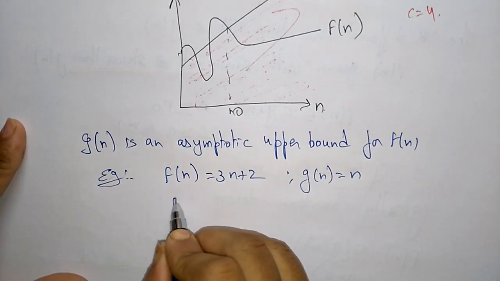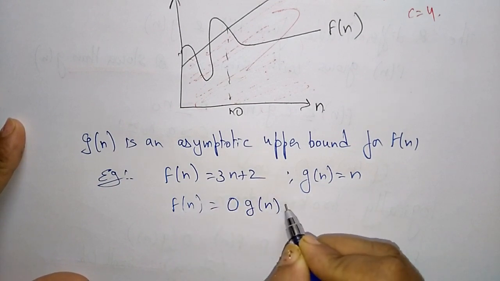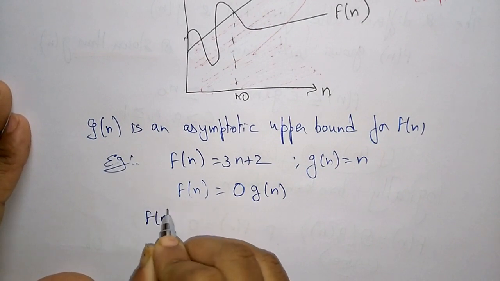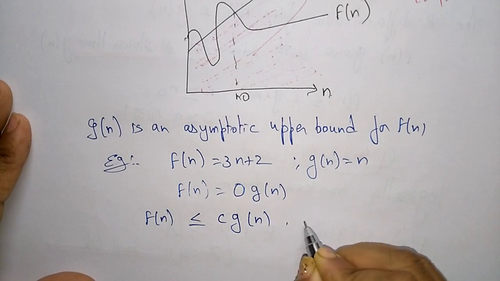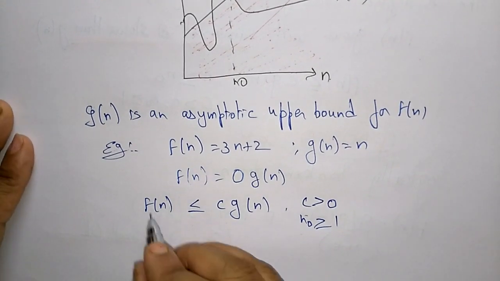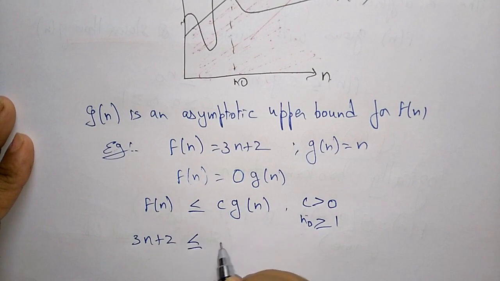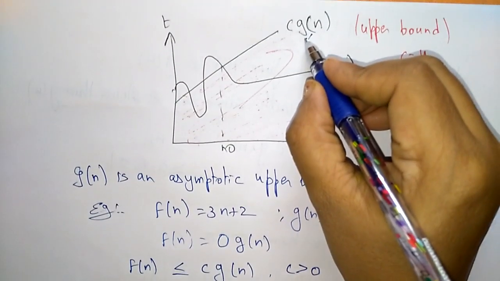Now what is the formula? f of n is equal to big O g of n, if this satisfies the condition f of n less than or equal to c g of n, where c is greater than 0 and n naught is greater than or equal to 1. So now substitute the values. 3n plus 2 less than or equal to c g of n, where c is greater than 0 and it is an upper bound.